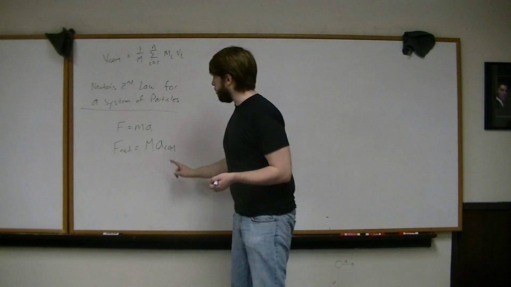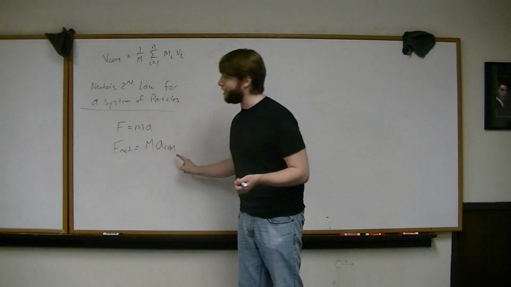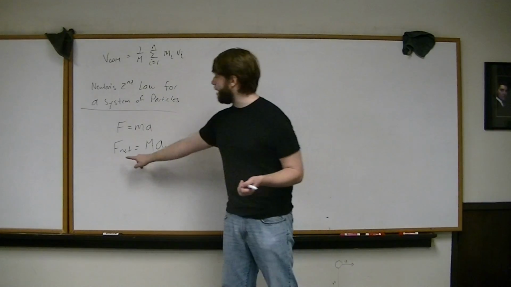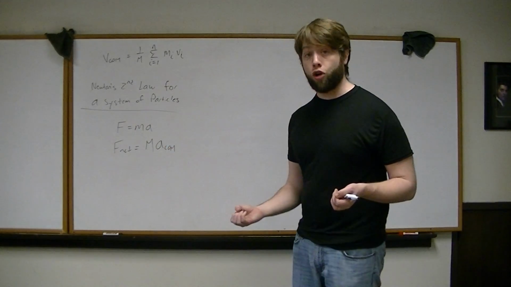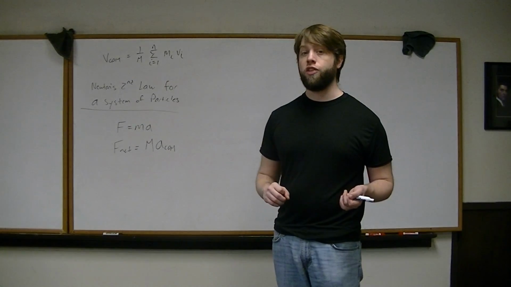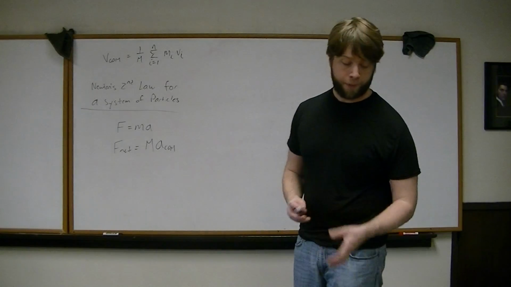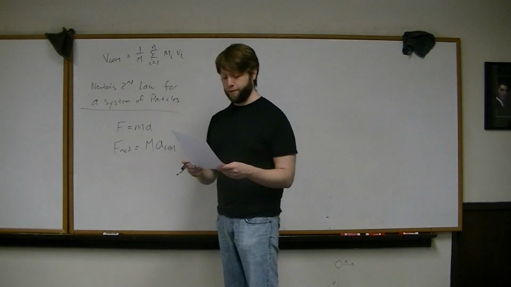So in order to change the velocity of the center of mass, we have to experience an acceleration of the center of mass, and that means that we must have a net force that is an external force being applied to the system of particles. And again, capital M stands for the total mass of the system.